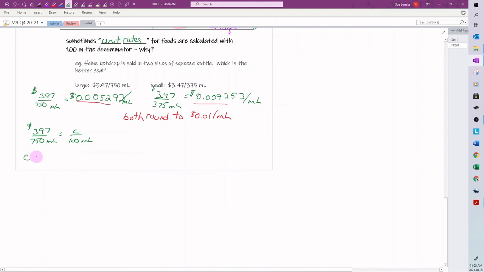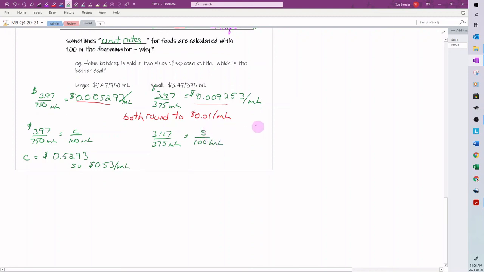I get my cost here is 0.5293 per 100 milliliters. So that's like 53 cents per 100 milliliters. And on this side, I have 3.47 per 375 milliliters. Figure out what that is per 100 milliliters.